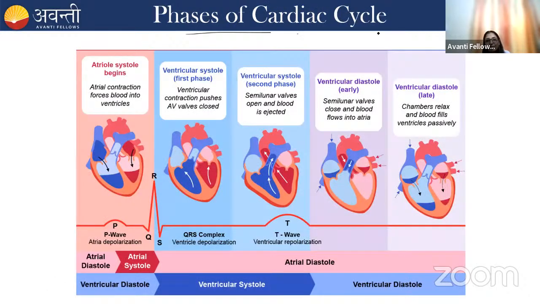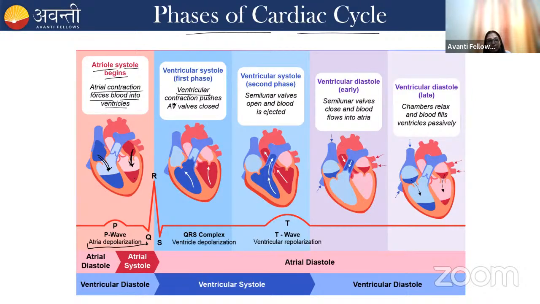These are the phases of the cardiac cycle which I have already discussed. When the atrial systole begins, the atrial contraction forces the blood into the ventricle. You can see the blood from the atrium moving into the ventricles. This happens when the atria depolarize, or the atrium contraction, or atrium systole, takes place.